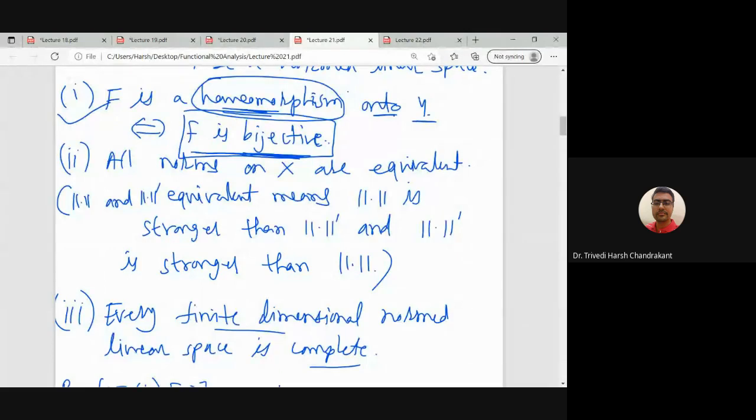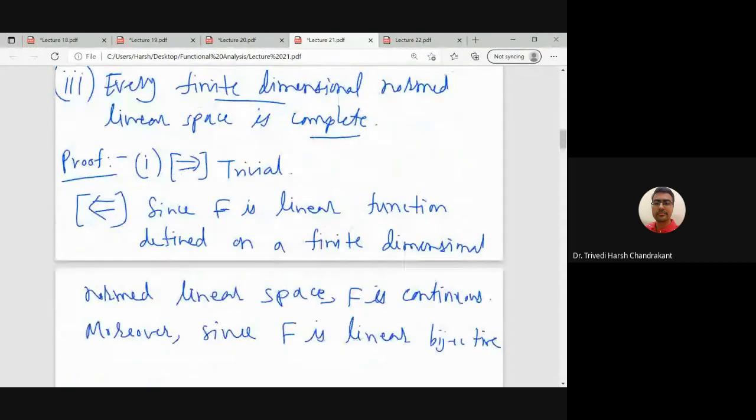So we know that on a finite dimensional normed linear space, any two norms are equivalent. Right. So if we can show that one of the norms is complete, the other norm will also be complete. So let us prove the third part.